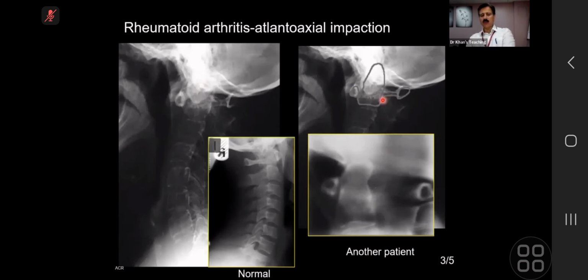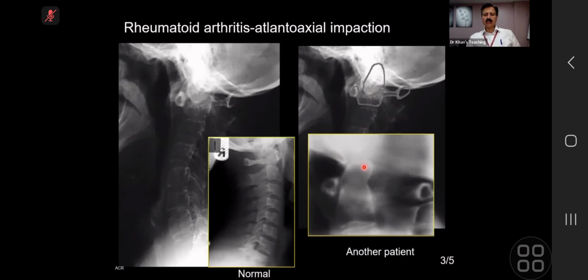You can well imagine, with a stretch of imagination, this is the clivus. You can imagine that the brain stem, the medulla, must be sitting here, and this dens is projecting superiorly. That is why, if you Google it and read a few case reports from surgical literature, there have been deaths in clinics where a clinician will ask a chronic RA patient to bend, and these studies might be 30 or 40 years old, and they just die.